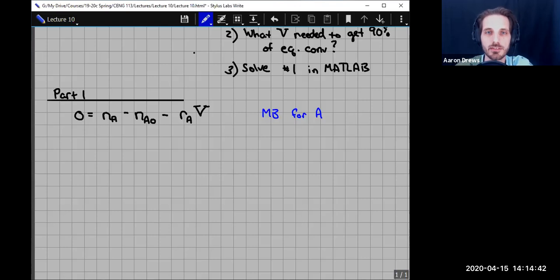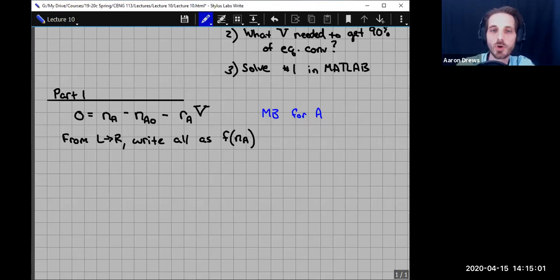And so now the way that we're going to go about this is as follows. We're going to look from left to right. We're going to write all of these as functions of n sub A. So we're not going to know what's coming out the other side, right? N sub A right now is unknown.